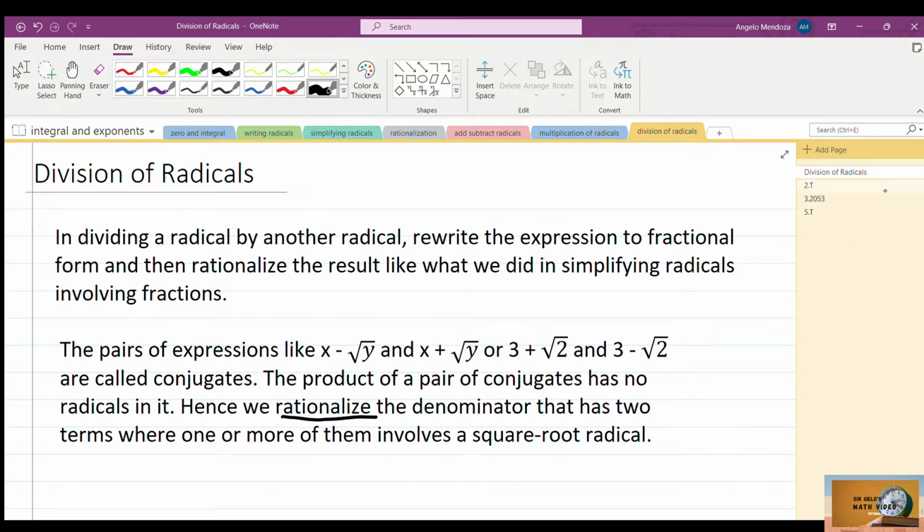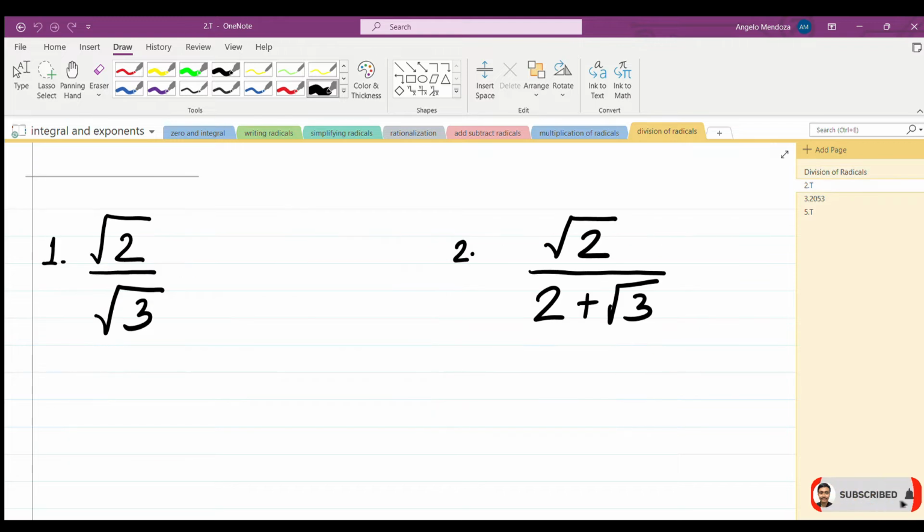So let us try to answer the first two examples that we have here. Number 1, we have square root of 2 over square root of 3. In plain division, that is square root of 2 divided by square root of 3. The rule is there should be no radical sign in the denominator.